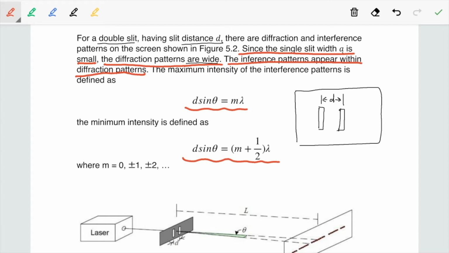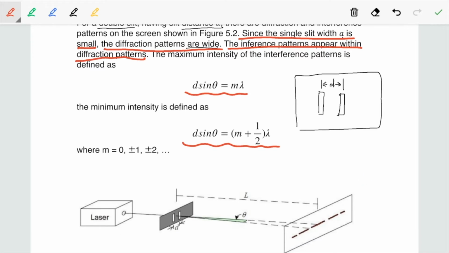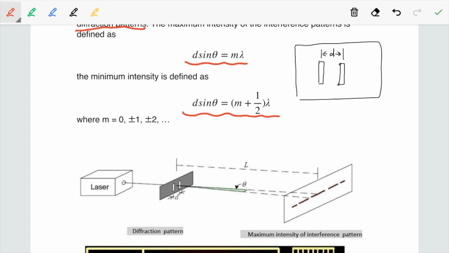Then in this handout we call it maximum intensity and minimum intensity. Because you also have the order of the pattern. On the pattern, it also has the order. m could be equal to 0, plus minus 1, plus minus 2.